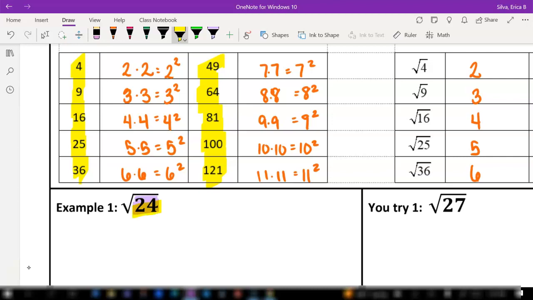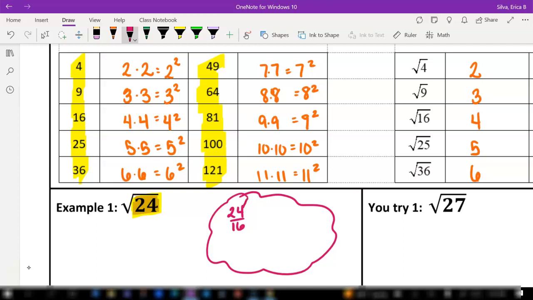Now if I look at 24, I want to start dividing it by the largest one that works. I'm just going to do some side work over here. 24 divided by 16 does not divide evenly. Let's try the next one, which is 9. 24 divided by 9 does not divide evenly. Let's try 4. 24 divided by 4 gives us 6.